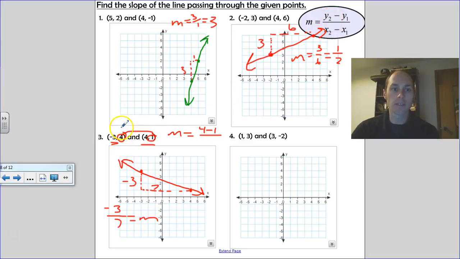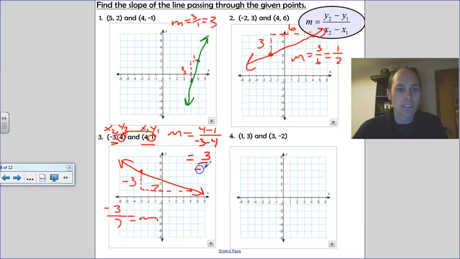So if I start with this point, this would be considered my y2, this would be my x2. So this would be my x1 and this would be my y1. The order doesn't matter, just as long as if I'm subtracting 4 minus 1, this would be my y2, this would have to be my x2, so I'd have to do -3 minus 4. 4 minus 1 is 3.